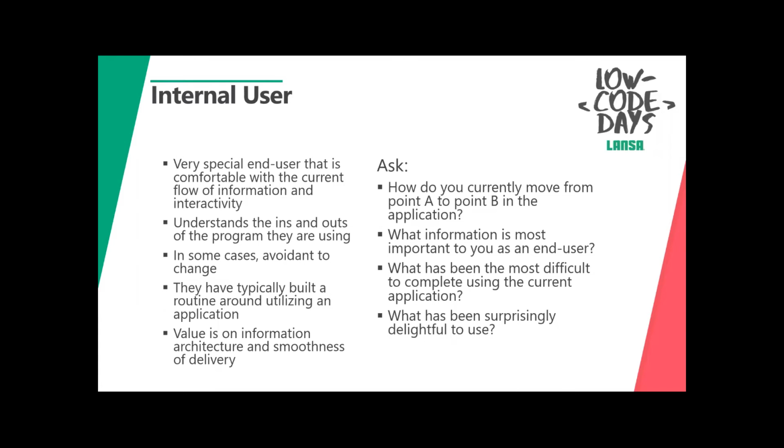And that goes to the next point of asking your end user what information is most important. Having a solid information architecture is necessary for any application that you build.